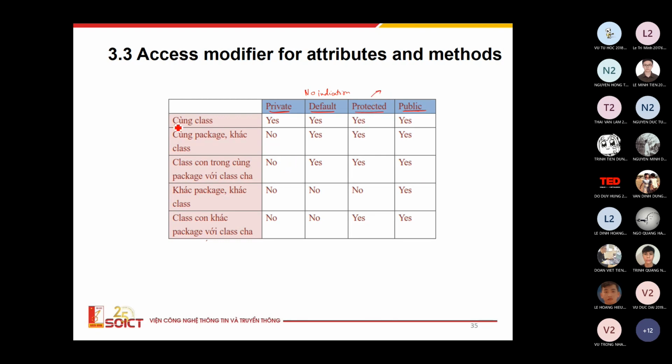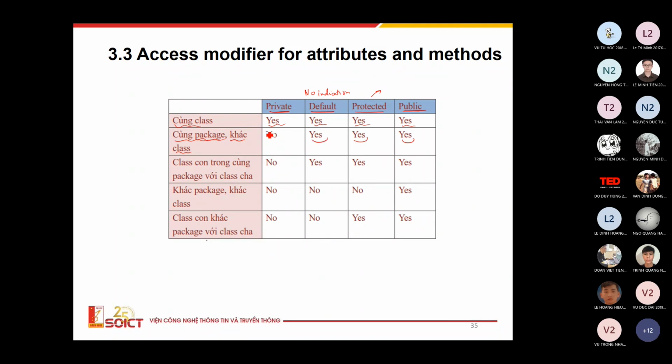Okay, in the same class, you can access every attribute or method, whether public, private, no indication or protected. In the same package but in a different class, users can access the attribute and method with modifier public, protected, or default.